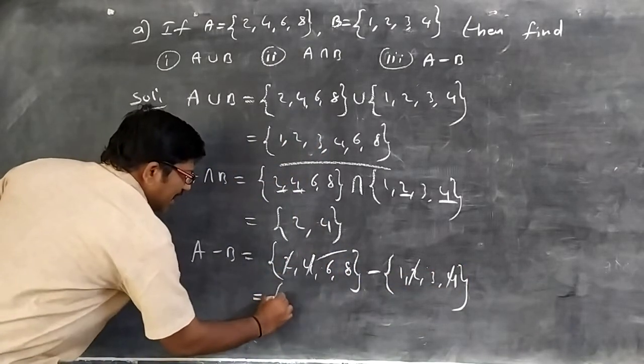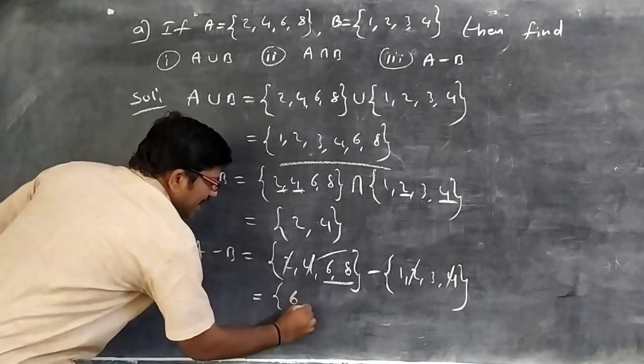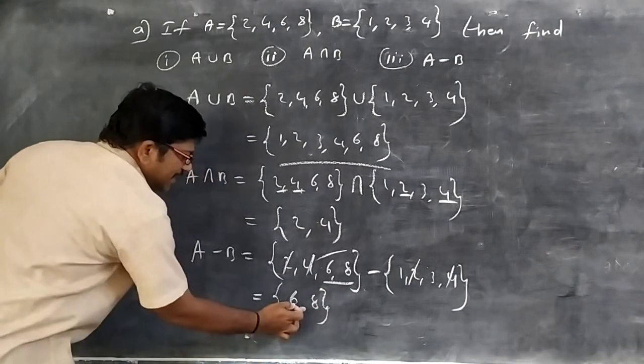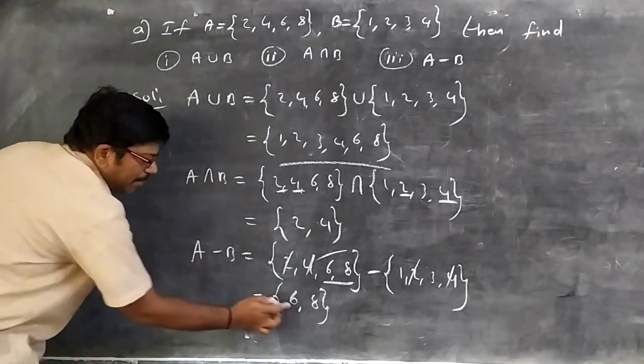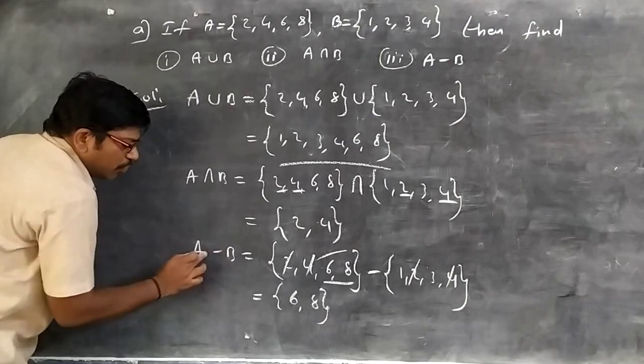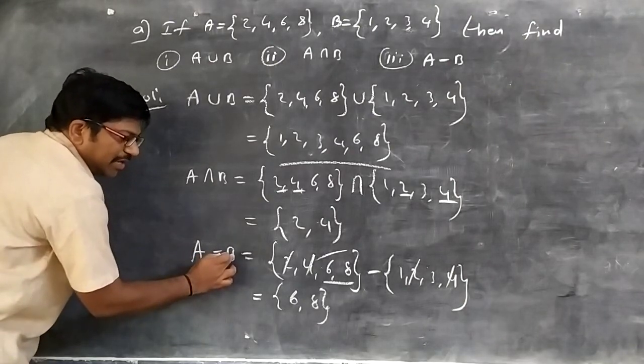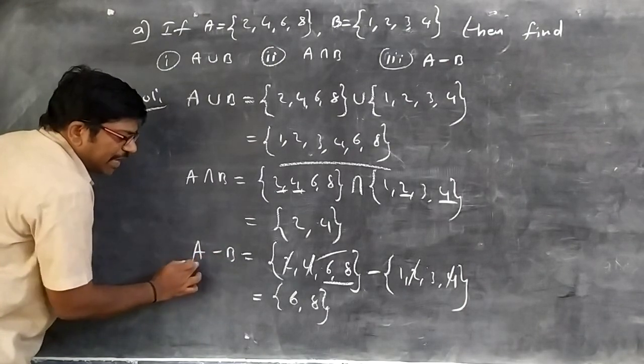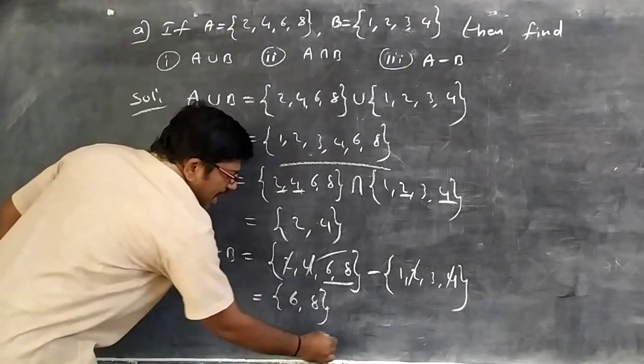What are the remaining elements? 6 and 8 only. These elements belong to A only but do not belong to B. So it is known as A minus B. The difference of A and B is denoted with A minus B. A minus B equals 6, 8.